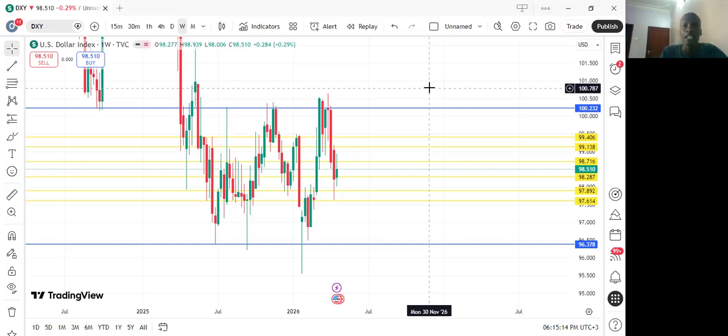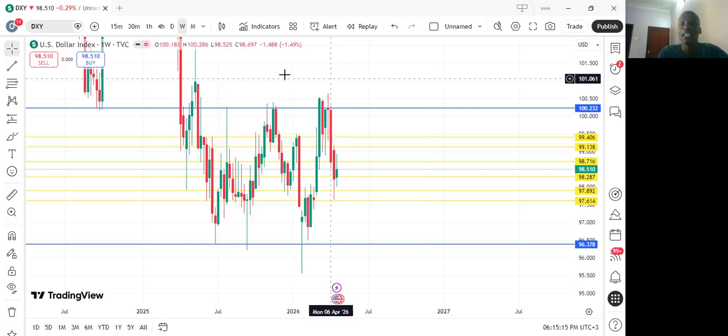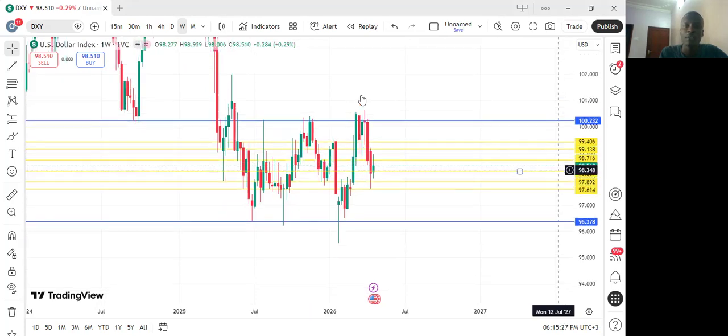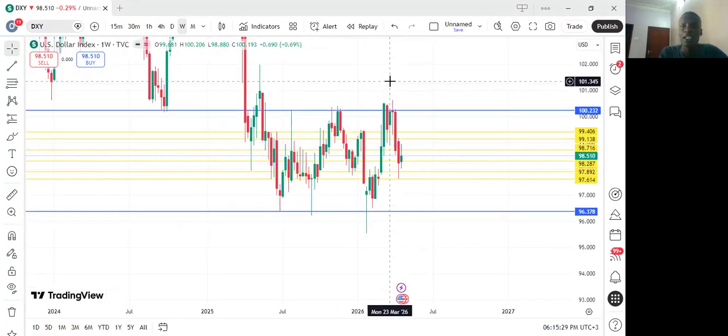So we shall begin with DXY, as DXY drives most of the major currencies, and it's a driver. My strategy, I mainly trade top-down analysis. I start from the higher time frame, the monthly, to plot my key levels.